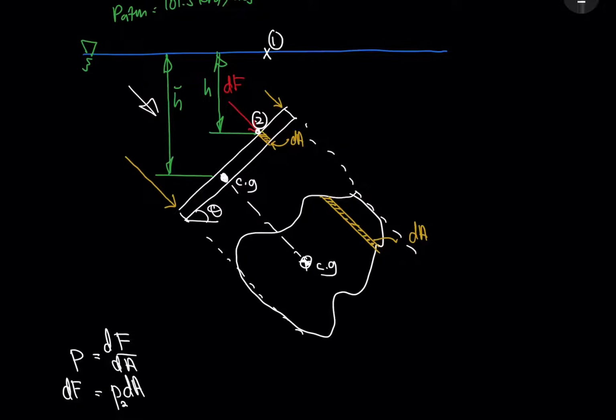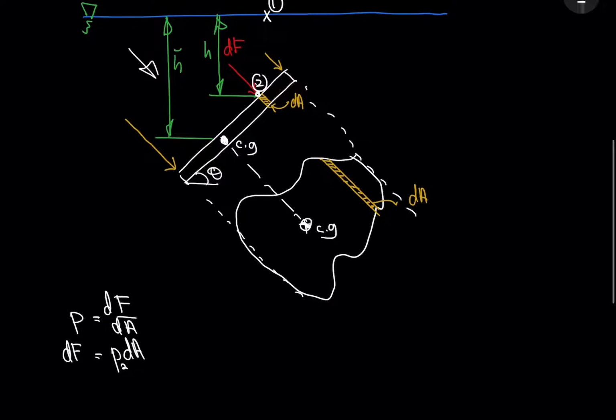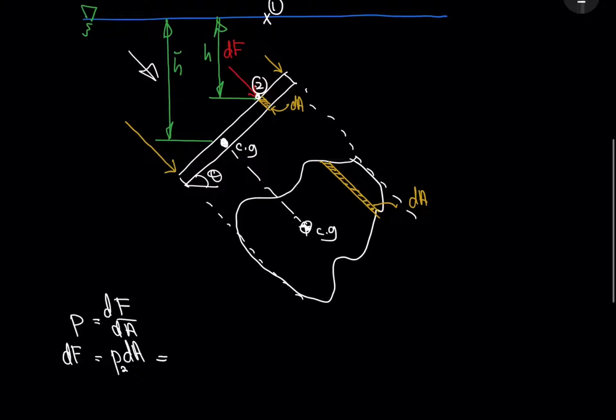Looking at that figure, we know that P2 is equal to P1 plus rho g and the distance between 1 and 2, which is h.